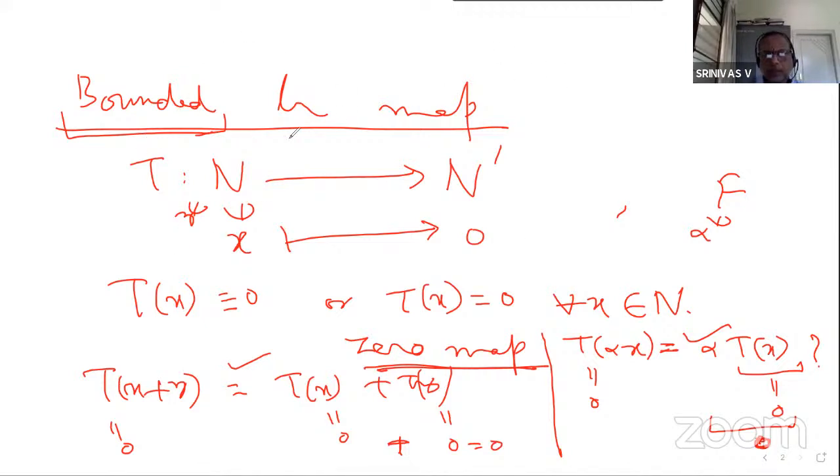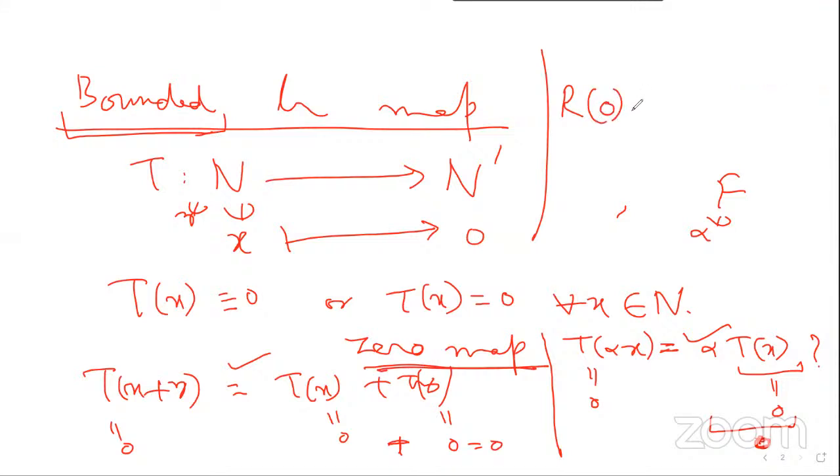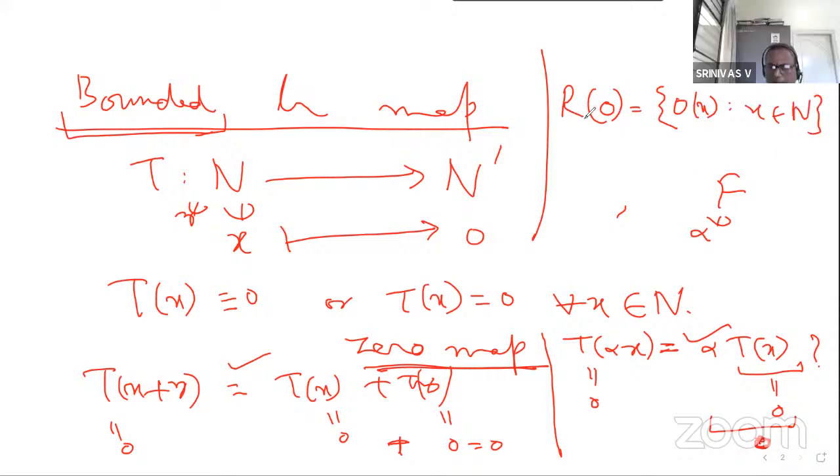Now let's look at one point. What is the image of this zero map? What is the range of this zero map? By R I mean the range. The range of the zero map is formed of the images 0 of x, where x varies over the domain n. And 0 of x is 0, the 0 in the codomain n dash, for any x value.